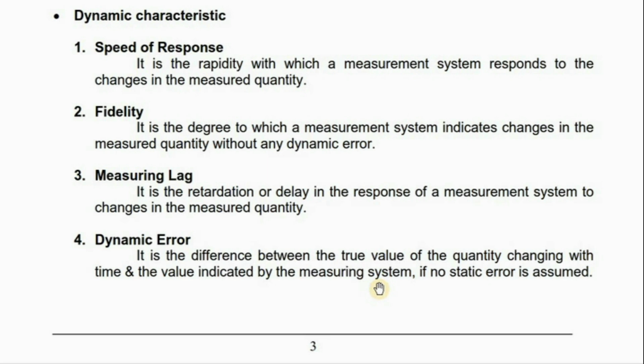When we take the difference between the true value and the measured value, we call it dynamic error if the quantity is continuously changing with respect to time. The dynamic error of a particular instrument should be as low as possible; then we will call that measuring system a good one.